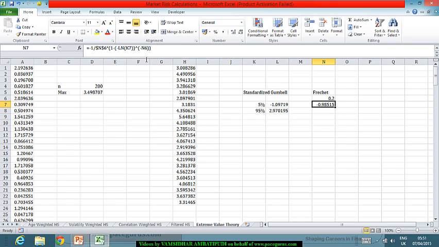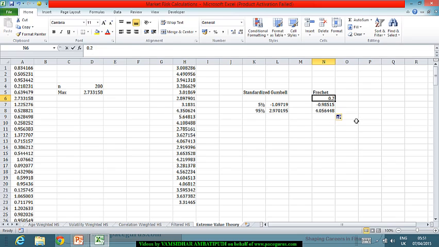Now the same logic, if I go towards the 95th percentile, it comes out to 4.05. So the minimum is minus 0.98, but the maximum is 4.05. You can see that Fréchet is generating a very extreme value; the 95% quantile is around 4.05.